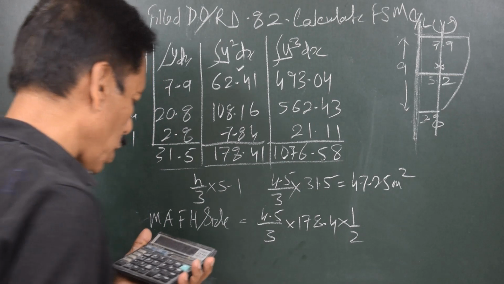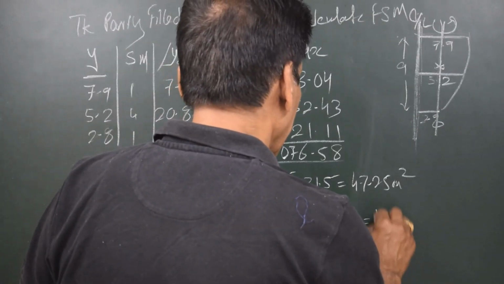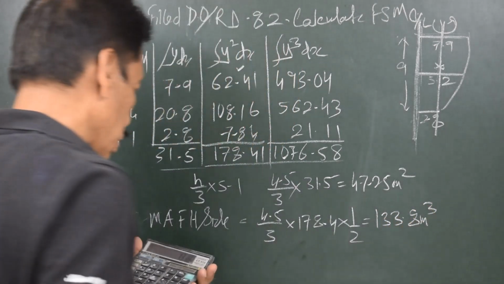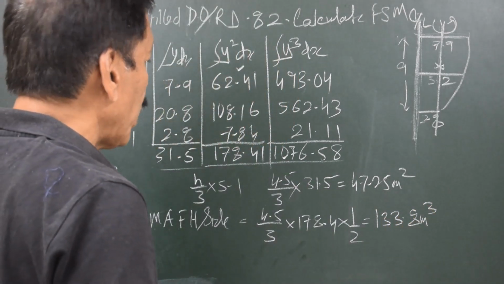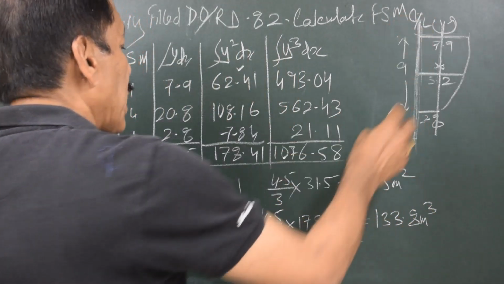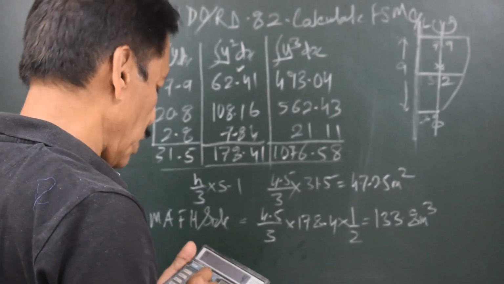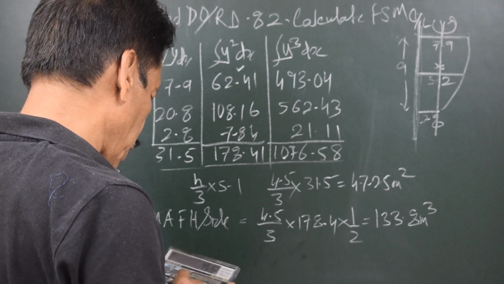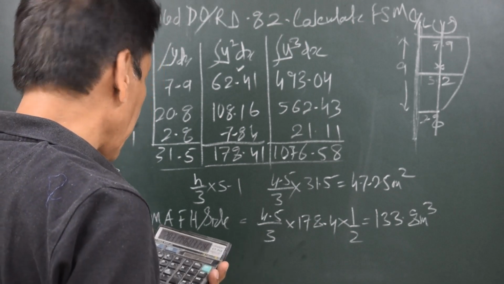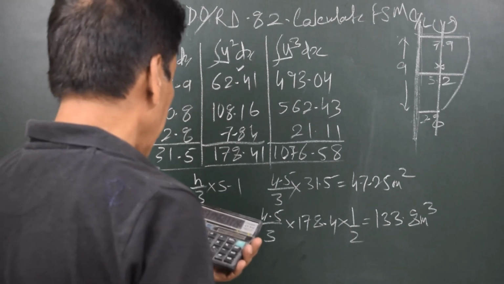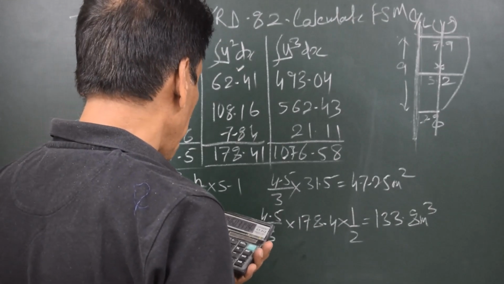That gives me 133.8 meter cube. So 133.8 meter cube is the moment of area about the flat side, divided by area 47.25, will give me the position of the centroid with respect to the flat side, that is 2.832.